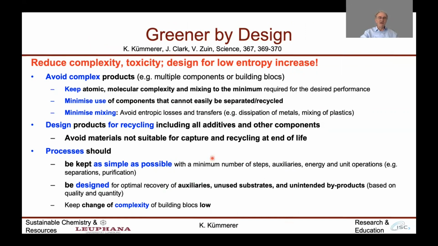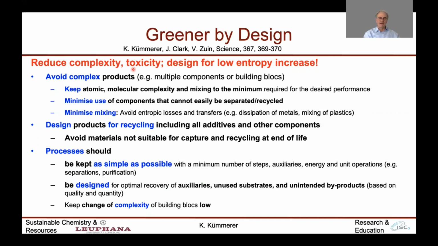To enable chemistry and its products to contribute or to be compatible with a circular economy, we have to think about a few things. We need to reduce complexity of the products, but also of the total materials and substance flows. They are often mixed products after they have become waste, not separated, or even if separated, if you bring your goods to the recycling, then you see yes, there are metals and there are plastics, but within these we still have a huge mixture.